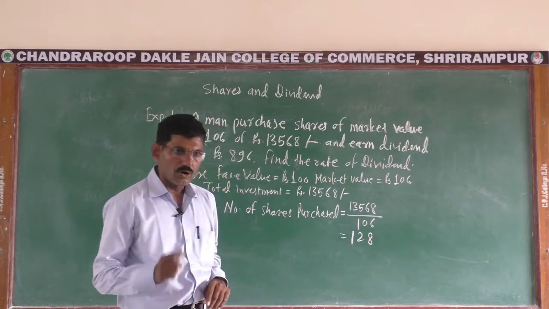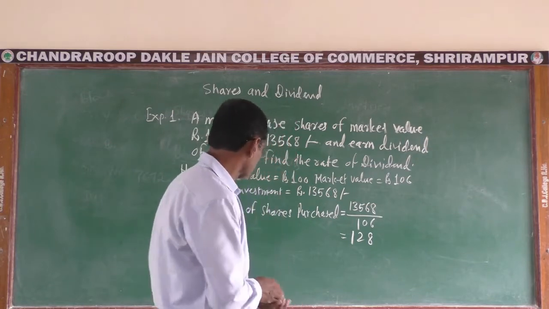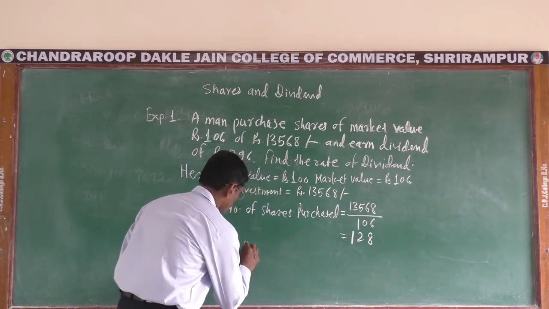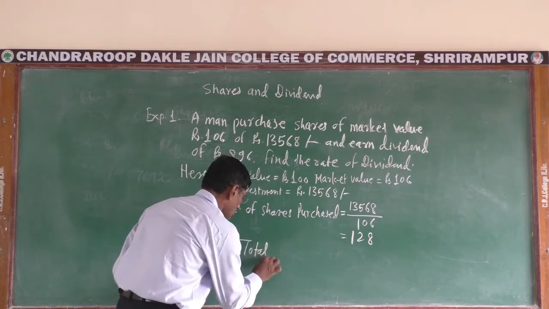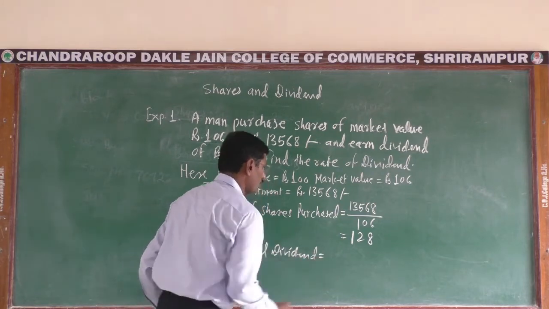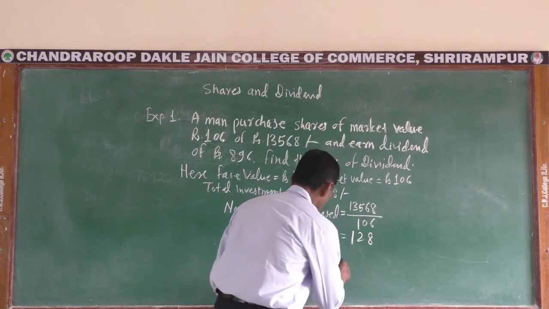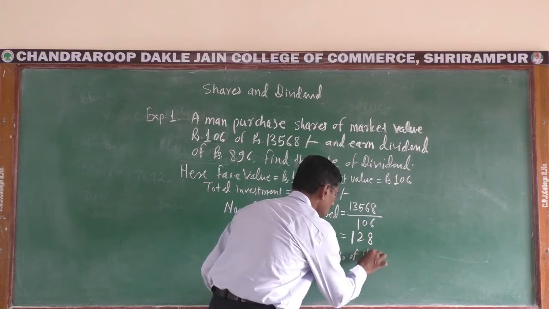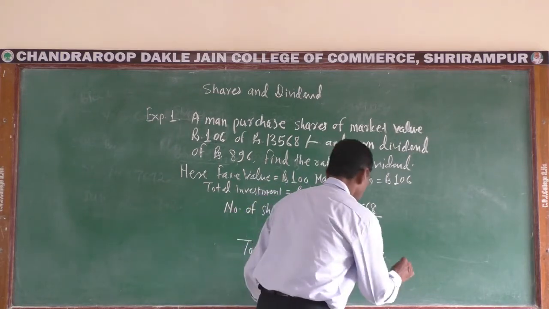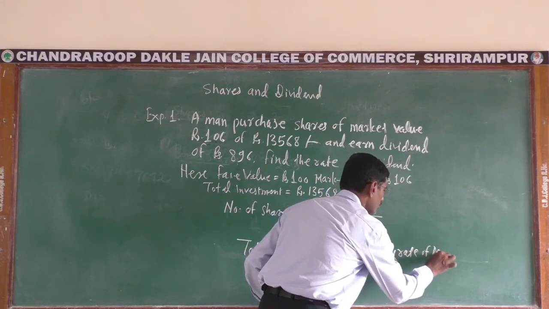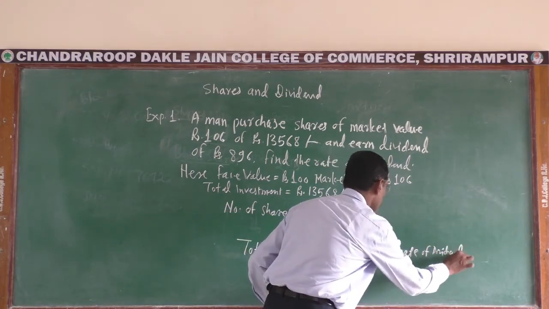See here, total dividend is equal to number of shares into rate of dividend.